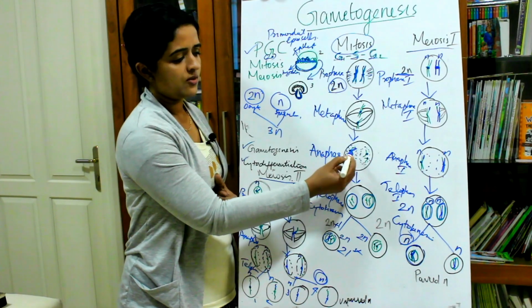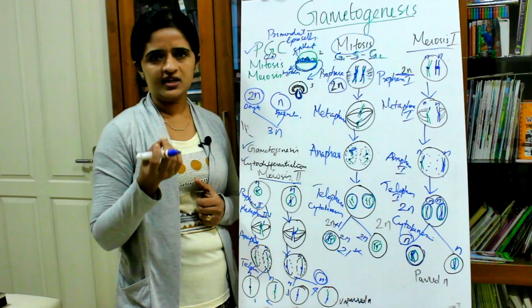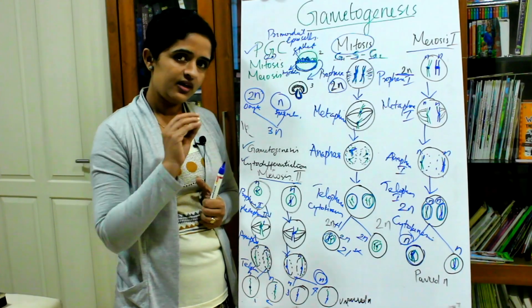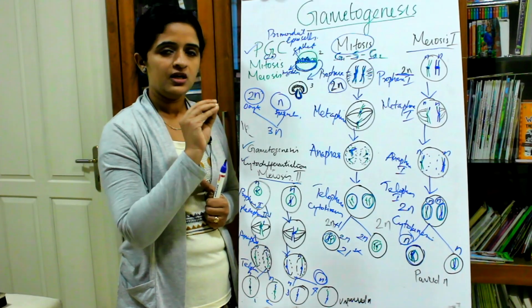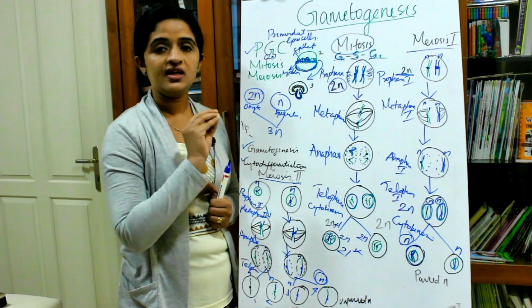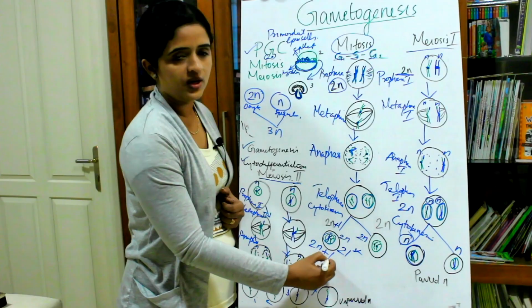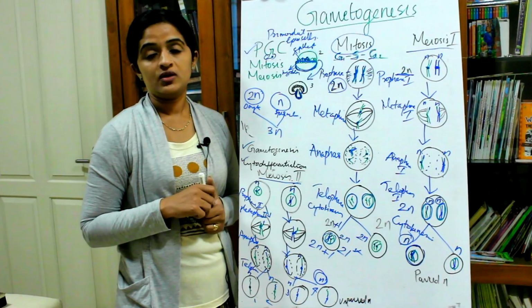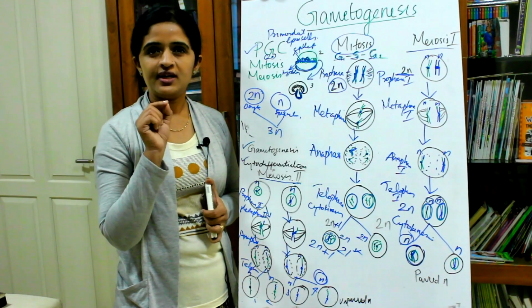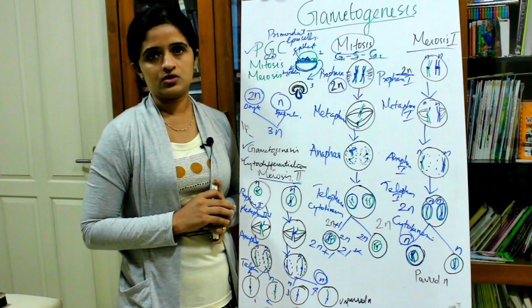If one sister chromatid is not moving apart, you will be getting an extra chromosome for that single chromosome. Say for the 21st chromosome you are getting an extra chromosome. So the number will be 2n plus 1. That condition is known as trisomy.